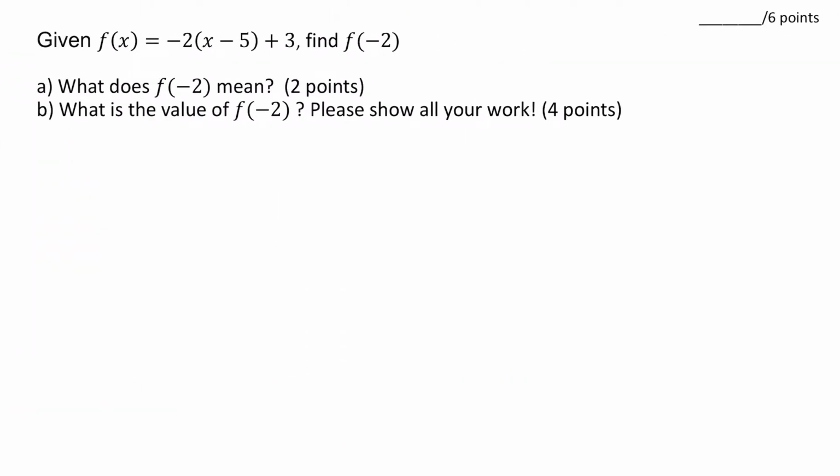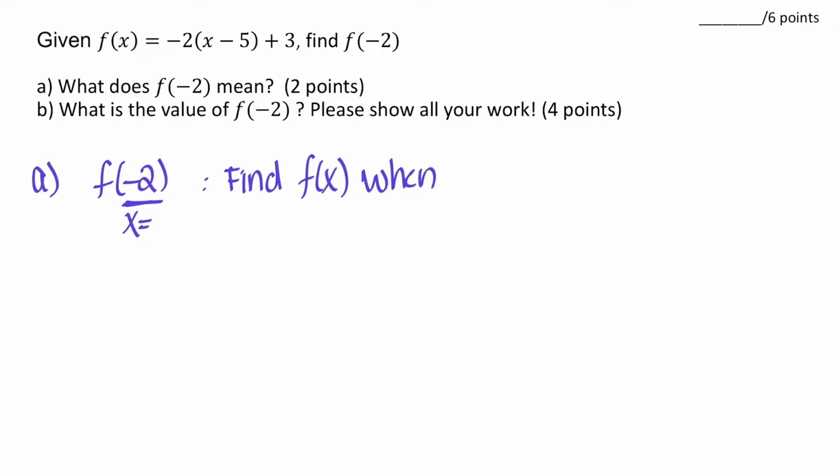So now in this problem, it says, given that f of x equals -2 times x minus 5 plus 3, find f of -2. So what does f of -2 mean? Remember that f of -2 is saying, what is the value of the function when x equals -2? So it's saying, find f of x when x equals -2.